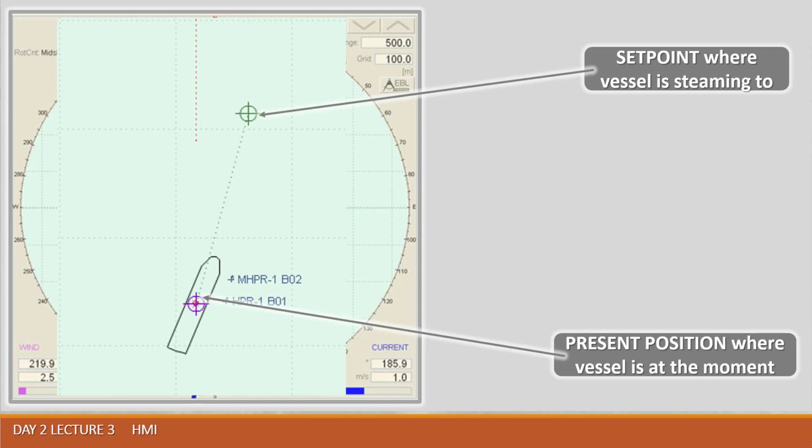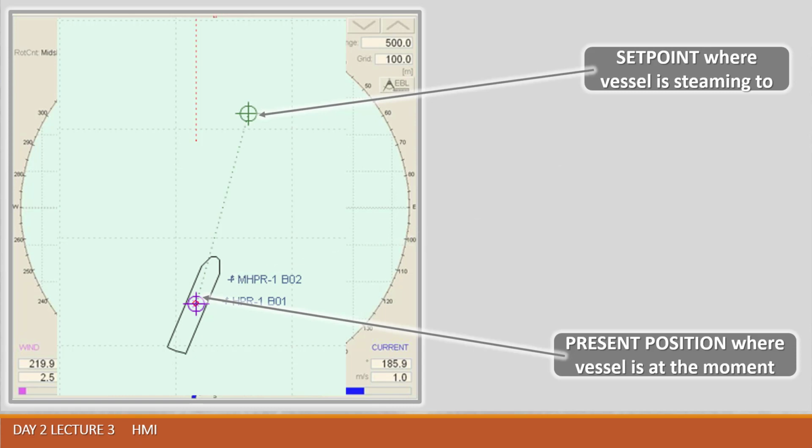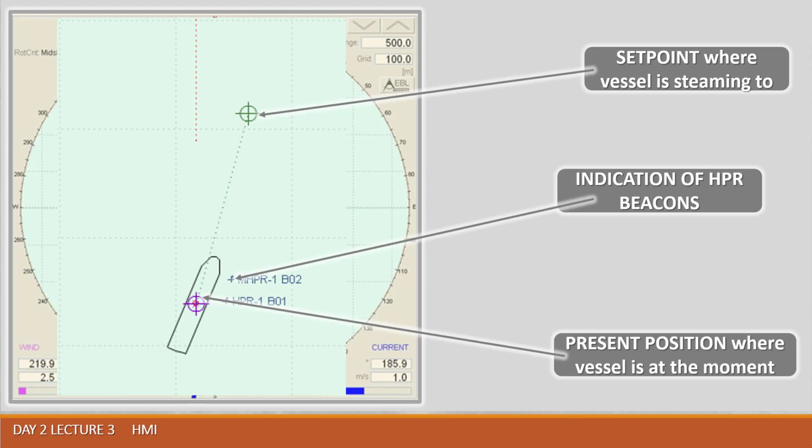The information about relative position reference systems and the relative position of reflectors, beacons, transponders and so on is indicated on the plotter. As an example, you may see indication of the HPR beacons like MHPR and HPR beacon BO2 and beacon BO1.